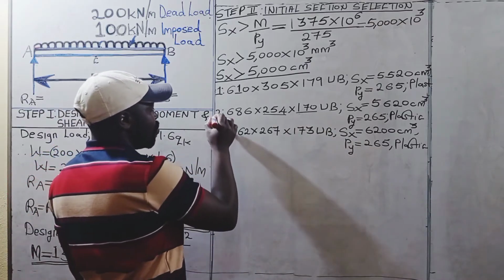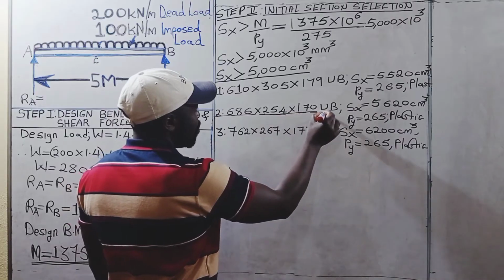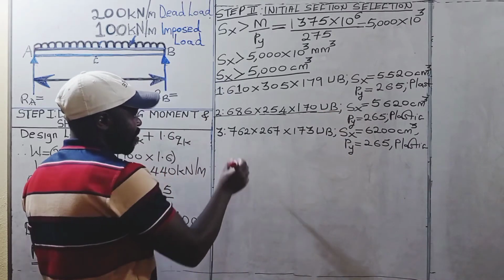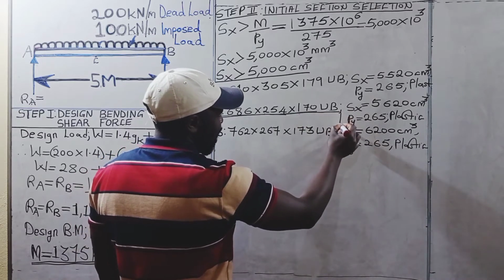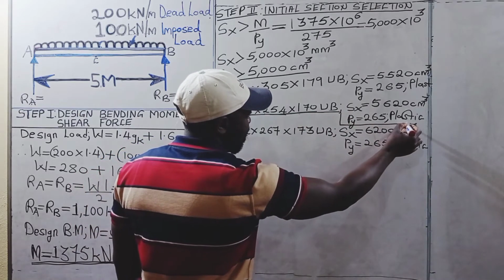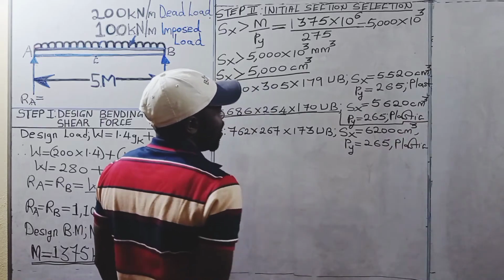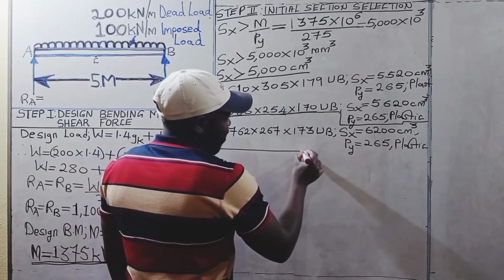Therefore, section 2 appears to be the most suitable section. Therefore, this is the section we are going to work with and see whether it is satisfactory in different criteria or categories.